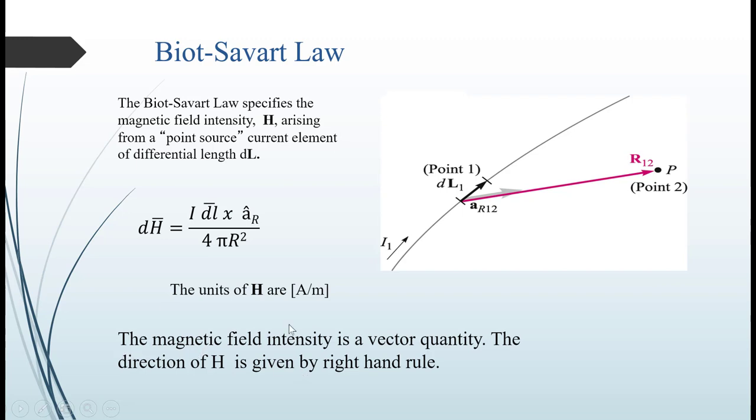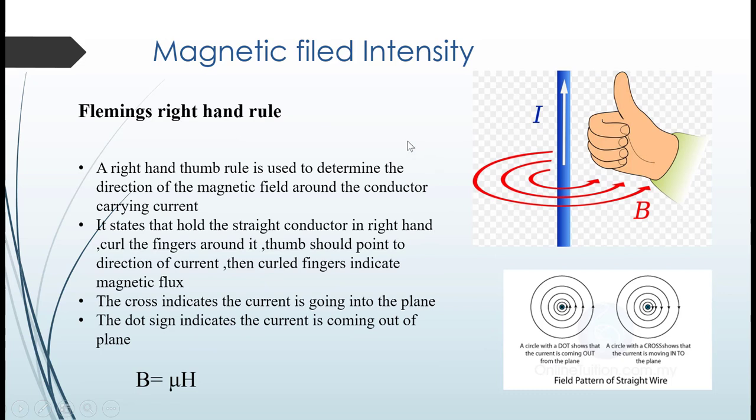So magnetic field intensity is a vector quantity, and the direction of this H bar is given by the right hand rule. What is that rule? If we consider this figure, a right hand thumb rule is used to indicate the direction of H bar or B bar.